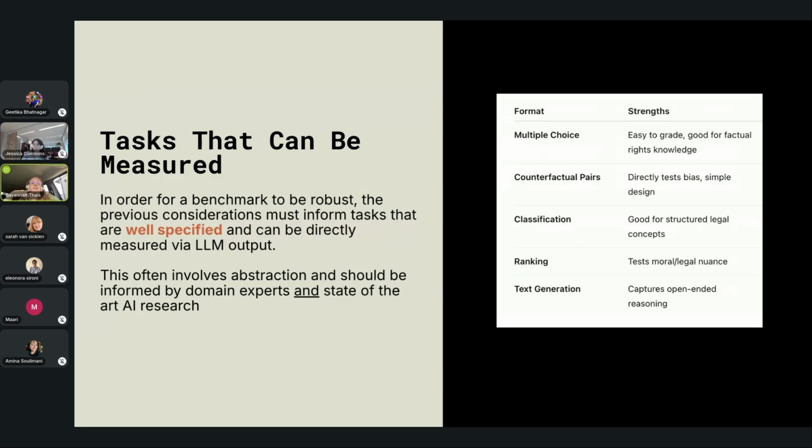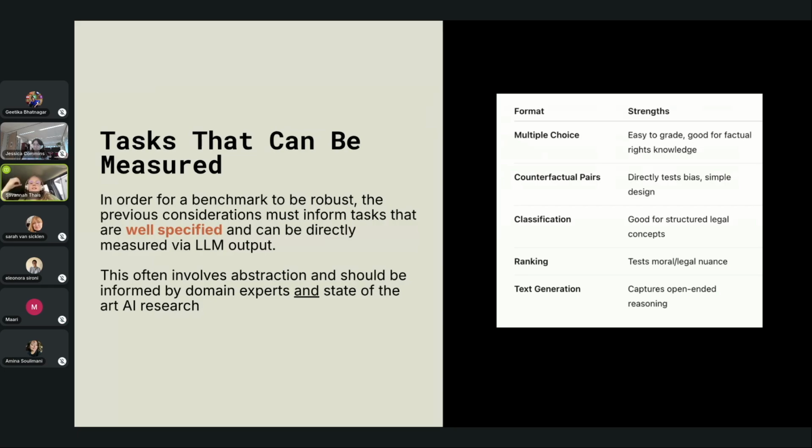So you might, for example, ask an LLM a multiple choice question in order to try to understand something about its base knowledge on a topic. You might give it counterfactual pairs like the BBQ benchmark does to test how it performs in one situation versus a different situation. You might do a classification problem or a ranking question, asking it to order preferences that you give it in order to understand some nuance about how it thinks about the relationship between different concepts.